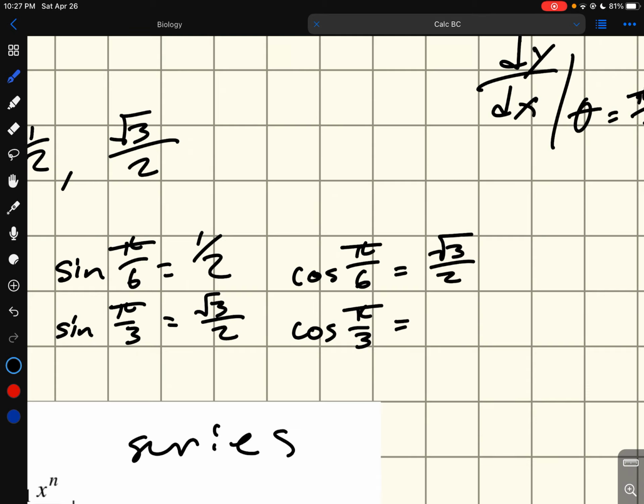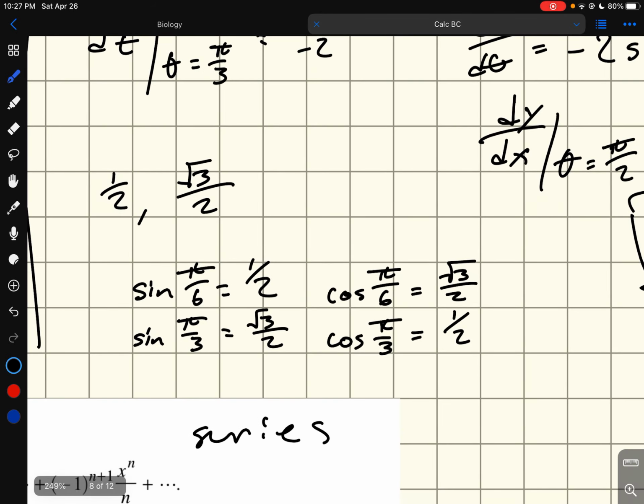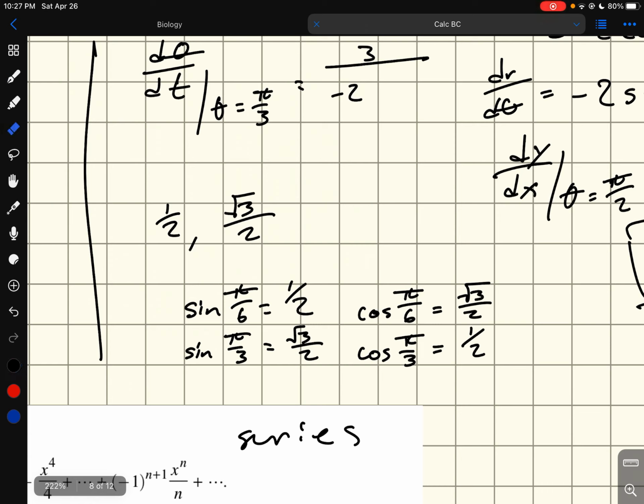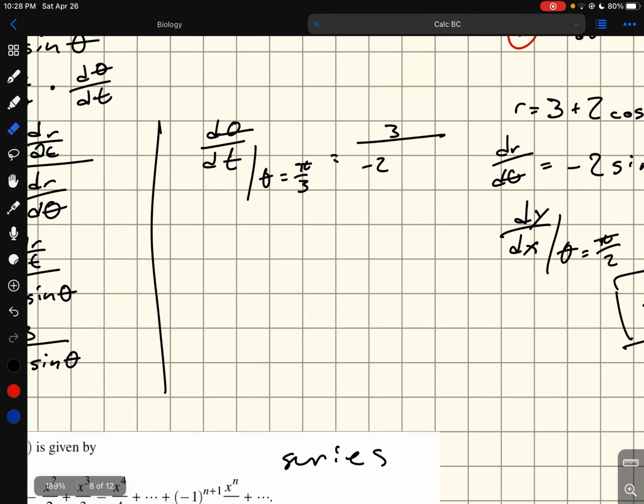So if I know cosine of pi 6 is square root of 3 over 2, then cosine of pi thirds must be the 1/2 value. So they just alternate. So I just memorize this one right here. And then from that I know what the other ones are based off of the alternating thing. And then you just have to memorize that sine and cosine of pi fourths is 1 over square root of 2. That's just one you have to memorize.